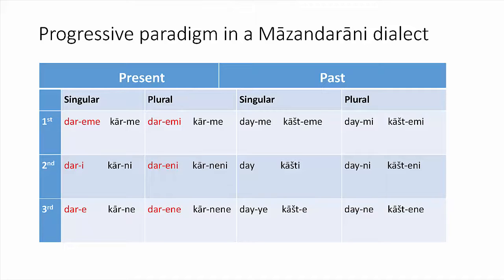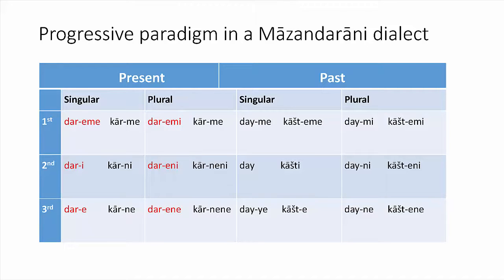In present progressive, they use the locative be, which is dar, together with the endings for person and number, and then the main verb. And in past progressive, they have the past tense of the auxiliary, the locative be with the ending, and then the main verb with the ending. So, present progressive and past progressive in a Mazandarani dialect.